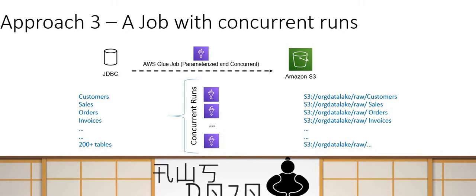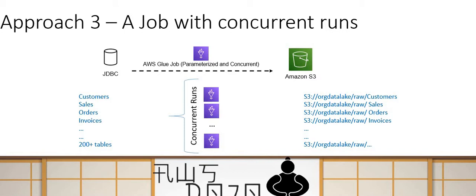But the best part is that though you are able to run this job in the context of a table only, that means when you're running this job for customer, you're running it only for customer. Running for sales, running only for sales. Running for invoice, running only for invoice. Though it is running for a particular table ingestion only, you are not writing that code 3, 4, or 15, or 200 times.